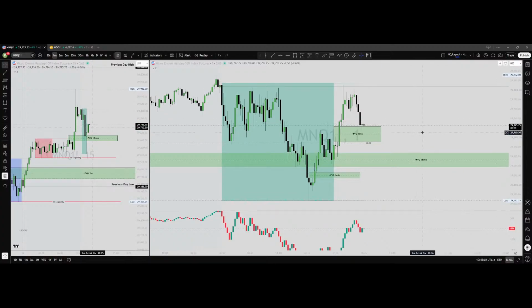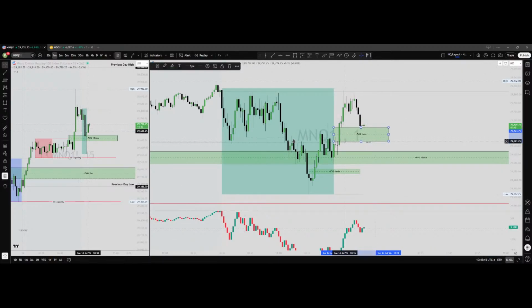But price trades in cycles, right? Some months price moves so well that you can make a lot of money, and you'll get multiple setups in a single day. And sometimes price doesn't do much.